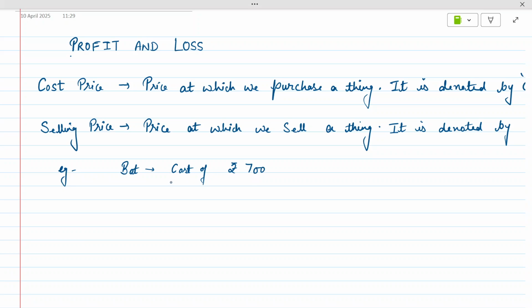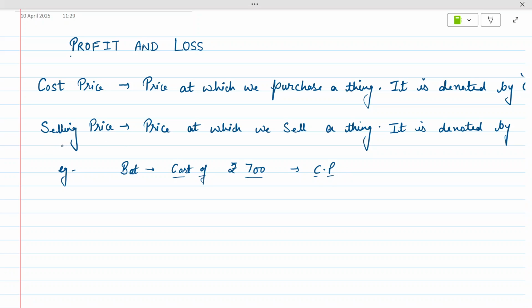So the money which I give to the shopkeeper to purchase or buy a thing is the cost of that thing, and it is denoted by CP. We call it cost price. The price at which we purchase anything is called the cost price.